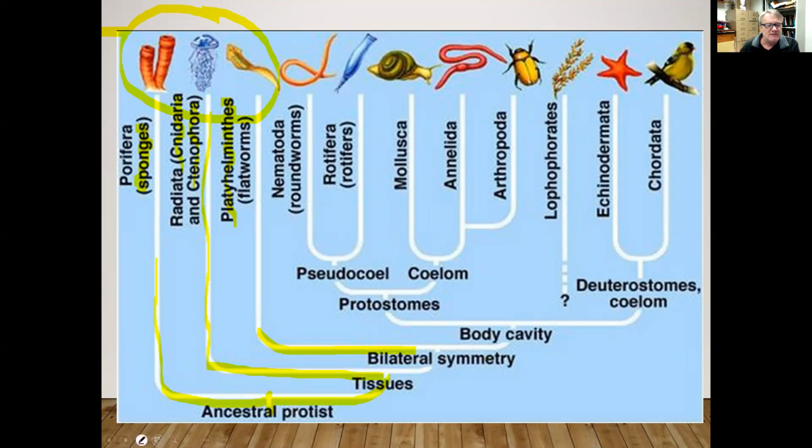So in contrast, if we were to look at all of these organisms, well, let me get a different color.